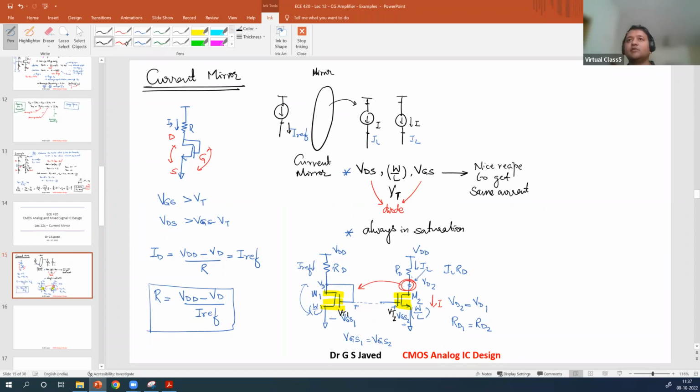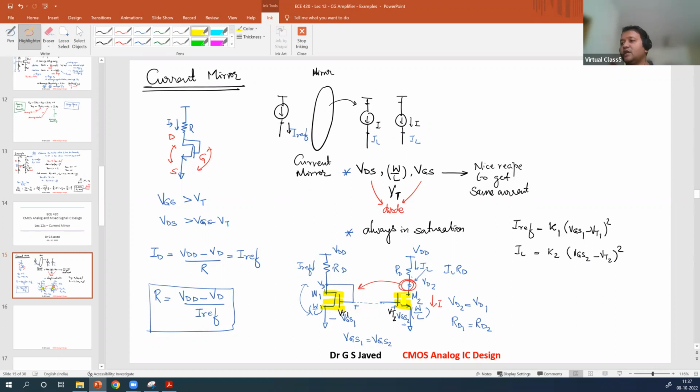Now, mathematically, IREF, the current flowing through this resistor, is given as K1 times (VGS1 minus VT1) the whole square. Now IL, flowing through circuit 2, is given as K2 times (VGS2 minus VT2) the whole square.